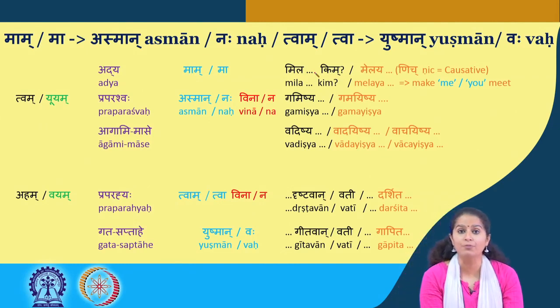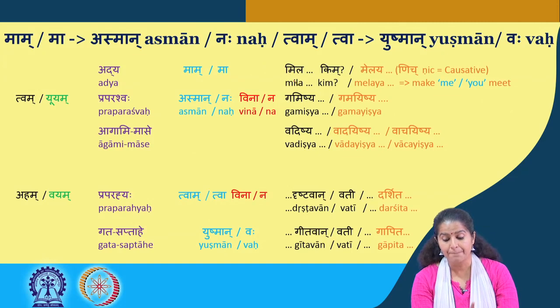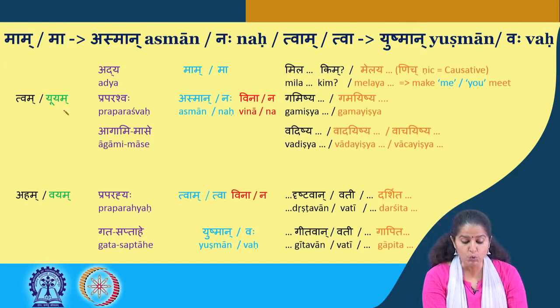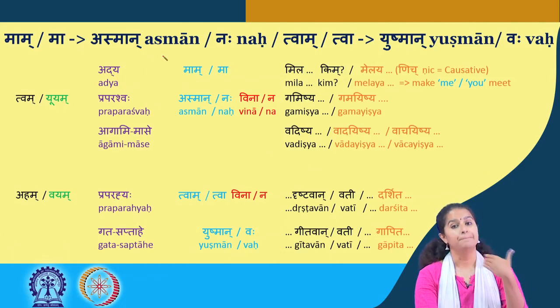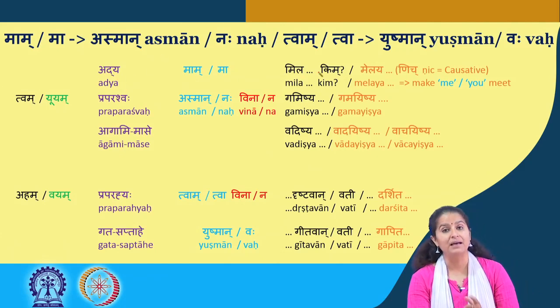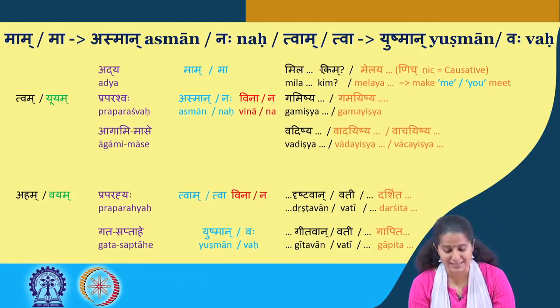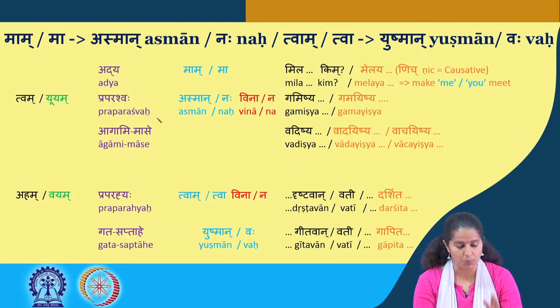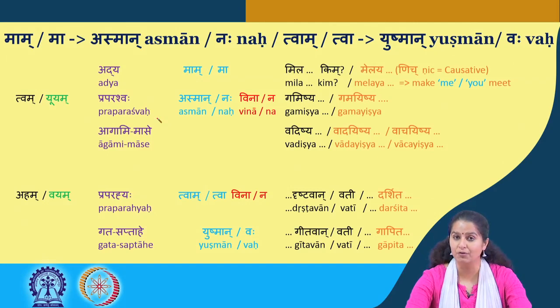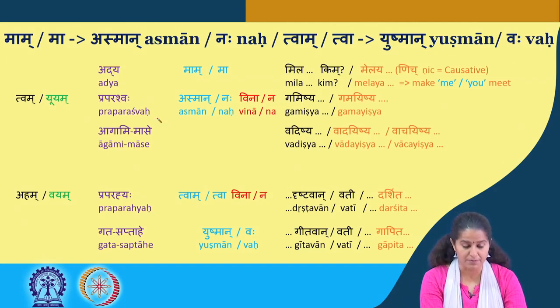Alright, so you have to be very careful who the subject is so that you get it right. So tvam adya mam milasi kim. Will you meet me today? Plural. Yuyam adya mam milatha kim. Alright, now here we are also practicing the second person. So this was to give you the simple way of using the subjects.